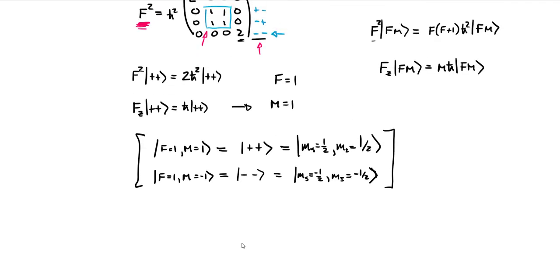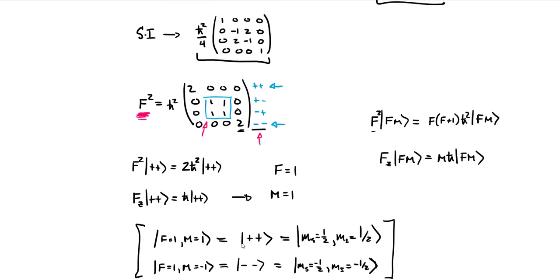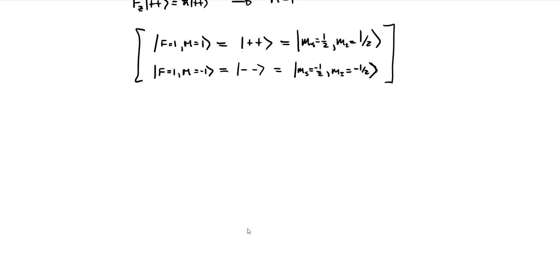So how do we do that? Well, for that submatrix, if we leave out this h bar squared now because it's just going to be a constant that carries through, we have to diagonalize that submatrix, which involves taking the determinant of our characteristic equation. So we have 1 minus lambda, 1, 1, 1 minus lambda. If we take the determinant of that and set it equal to 0, it's pretty straightforward.